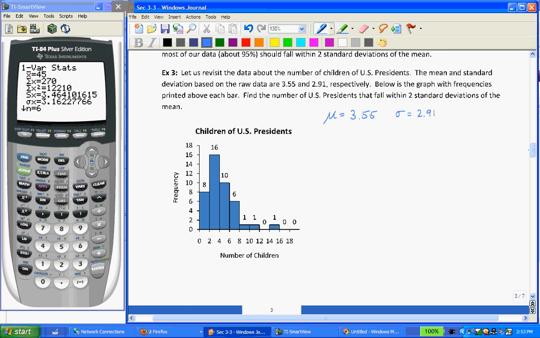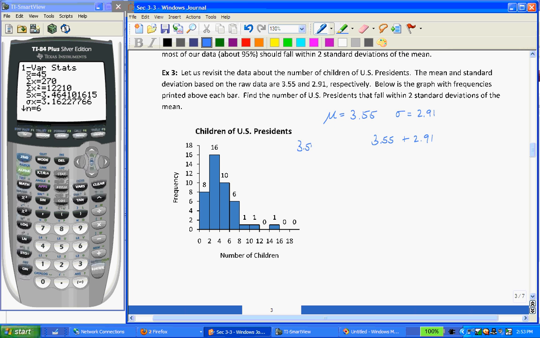So what do we mean by that? Well, the mean is 3.55, meaning on average, U.S. presidents have about 3.5 kids. And we know that's just a statistic because you can only have 1, 2, 3, or 4, or so on, number of children, but that's just a numerical average. So that falls somewhere in here. One standard deviation within the mean would be plus 2.91 on one side and minus 2.91 on the other.